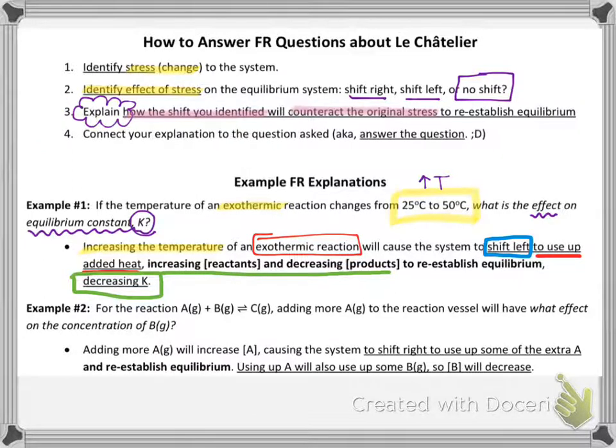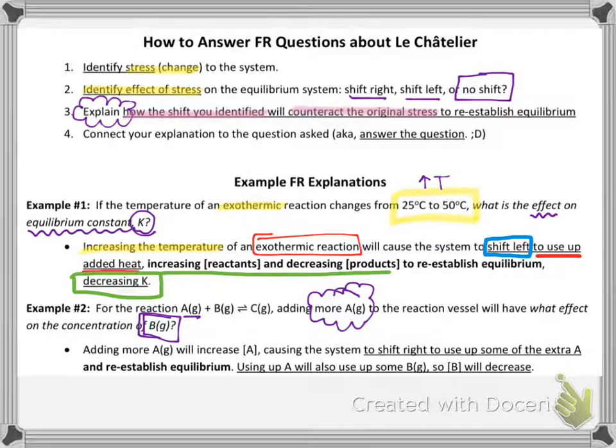For the second example, now we're given a specific reaction this time around, and they said, hey, we're going to add some more of your gaseous A, which is a reactant. And we want to know, what effect will that have on the concentration of B? Intriguing. Well, we're just going to follow our steps.